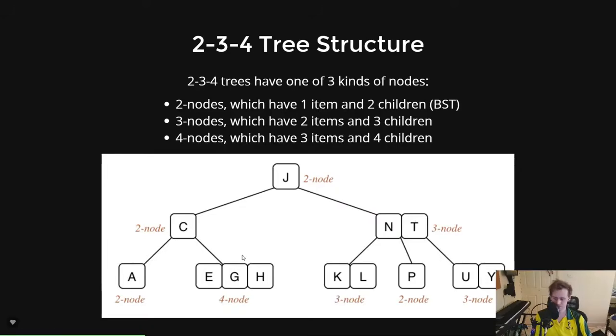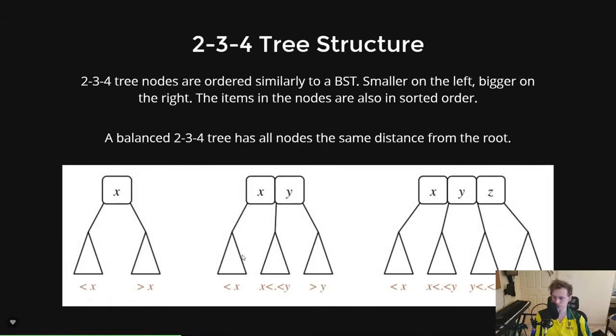The answer is that it follows a pretty straightforward rule. If you have a 2 node, like a binary tree, everything to the left is less than it, everything to the right is greater than. If you have a 3 node, then everything to the left of x is smaller, everything to the right of y is bigger, and everything between the two is between x and y.